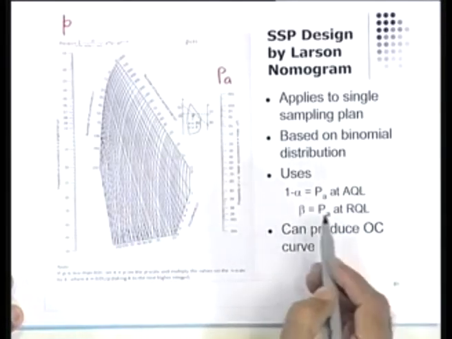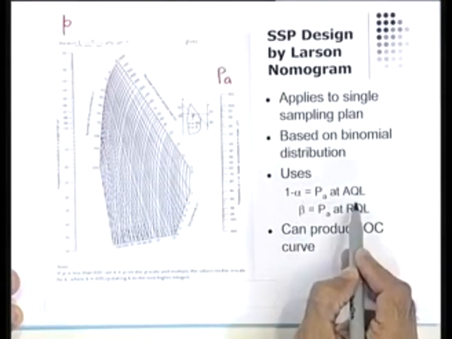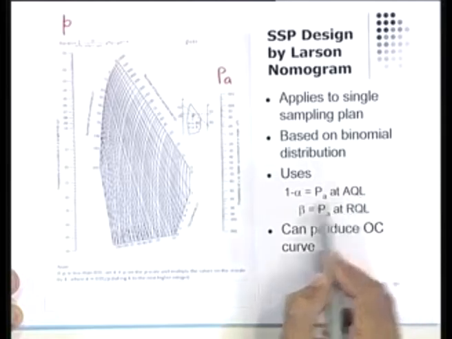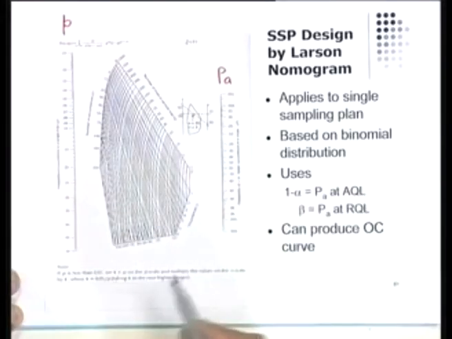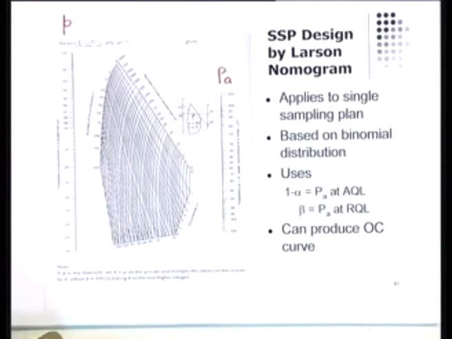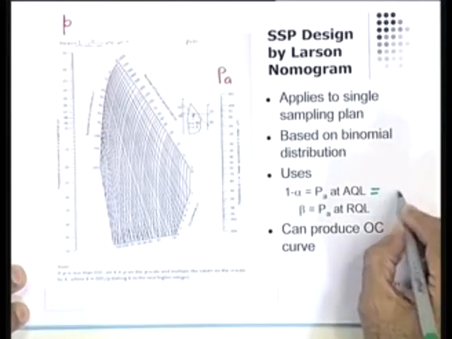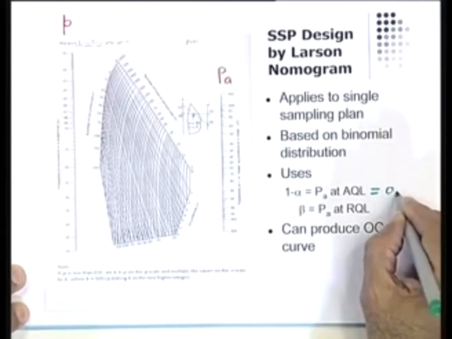So what I do is, I'll have to assume some value of alpha and some value of AQL. I'm just going to do that for you because I have to work this out. And I could do the same thing for beta: assume some value of beta and some value of RQL. Let's start putting down some of these values. Let's make AQL equal to 5%, 0.05.